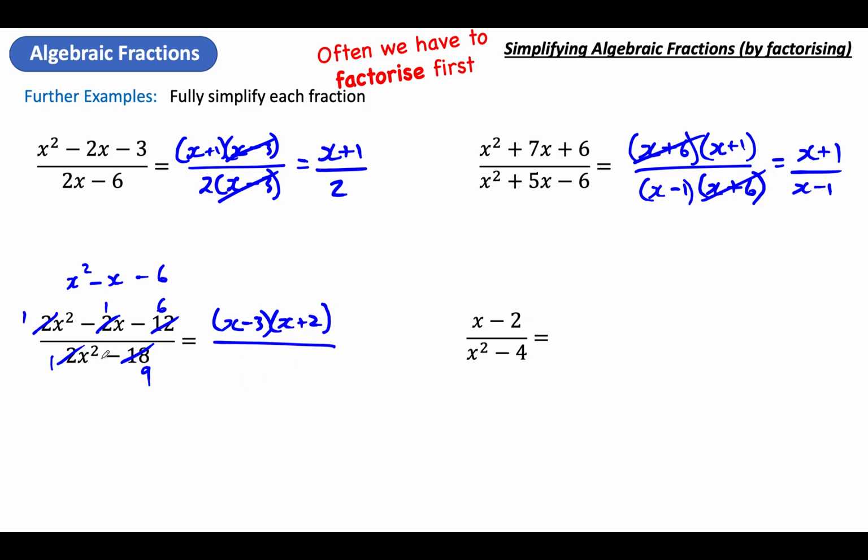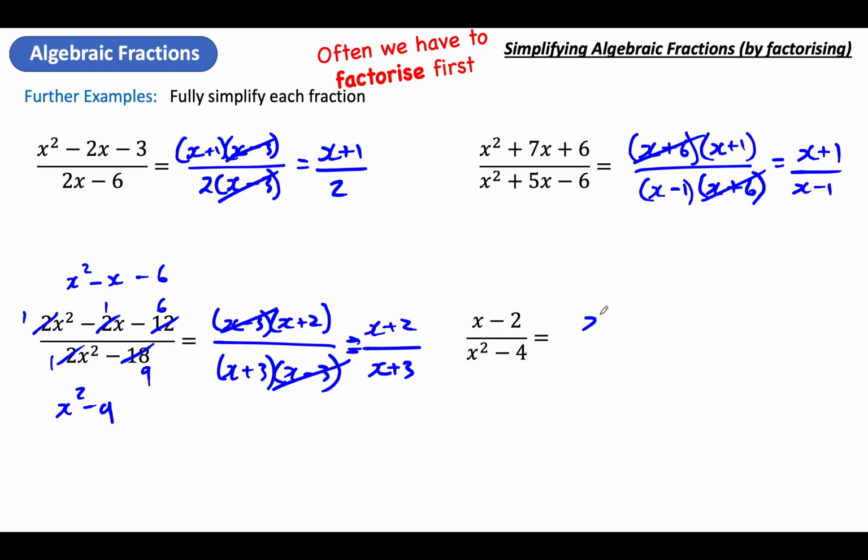And underneath, difference of two squares, it's x squared take away 9, which is x plus 3, x minus 3. Again, doesn't matter on the order as long as they're both there. And the x minus 3's cancel out to leave x plus 2 over x plus 3. Not very neat, but it is there.